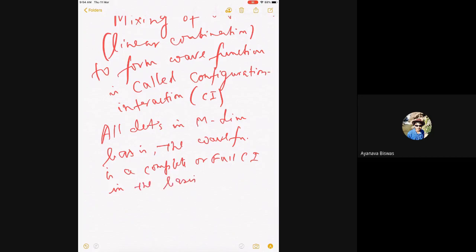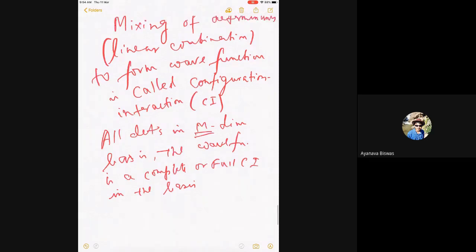Of course, somebody asked me, is it experimentally exact? Still not, until this M is exact. M can be exact only if it is very, very large. So it depends on what your M is. That is where the basis set will become very, very important to answer that question.